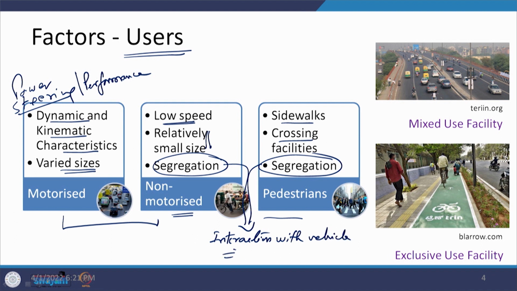So, it may cause a safety concern, and this safety concern is going to be more for the non-motorized or pedestrian people rather than for a vehicle. And that is the reason that these two categories are also defined as vulnerable road users.